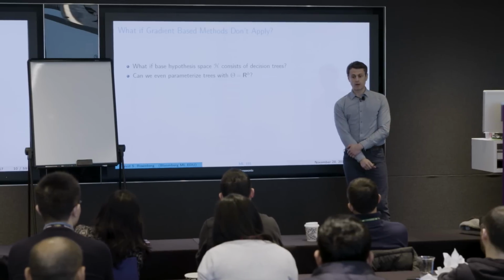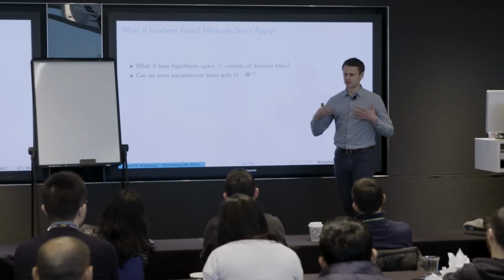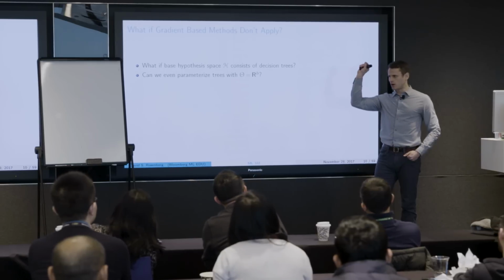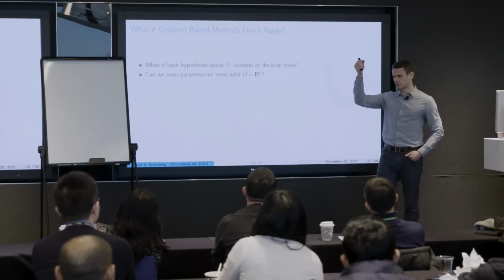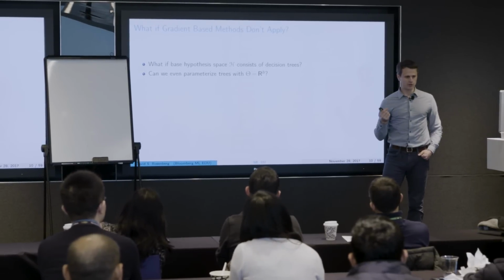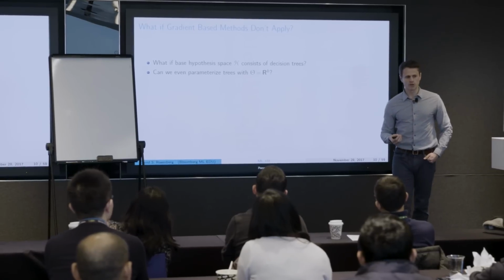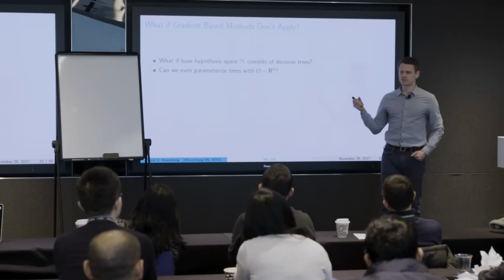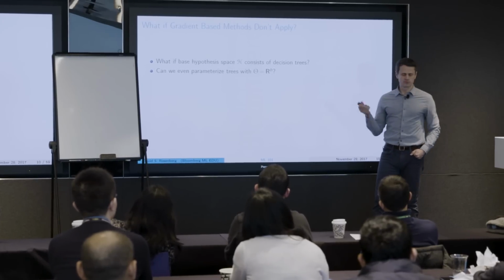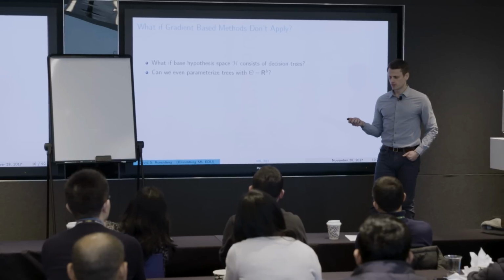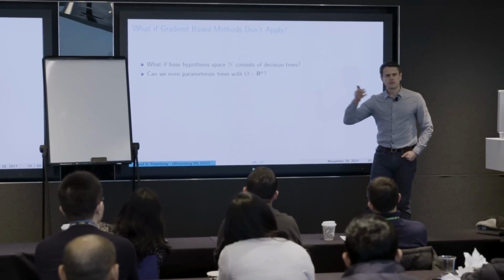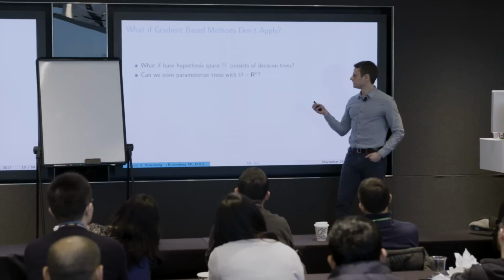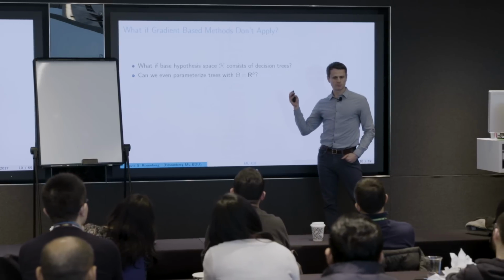Maybe we could get around that somehow. Or maybe let's simplify the set of trees. Let's try to get some traction here. What if we fixed in advance the variables we're splitting on at every node, right? And then we just have to record where we're splitting. But even then we have an issue. Even if we could parameterize a set of trees, we're still not going to be able to do a gradient method because the output of a tree does not change continuously with any of these parameters.